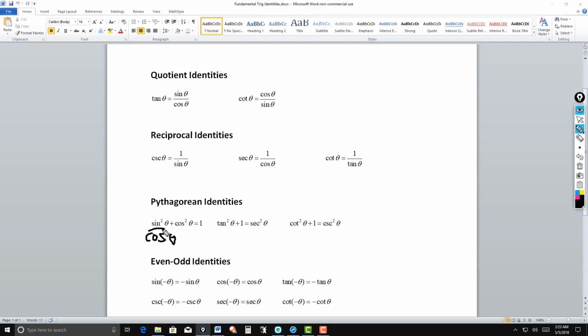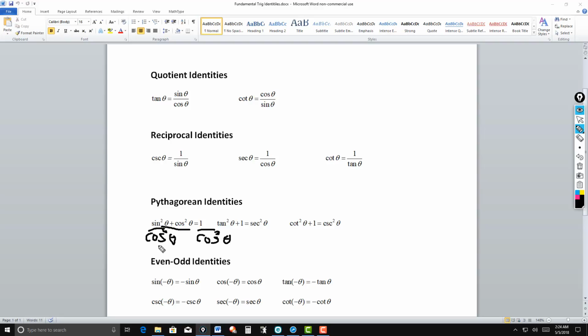So I'm just going to put it, everything over here is divided by that, and then this side is also divided by cosine squared theta. Okay, so now sine squared over cosine squared, that should be obvious, is the same thing as sine theta over cosine theta, quantity squared.